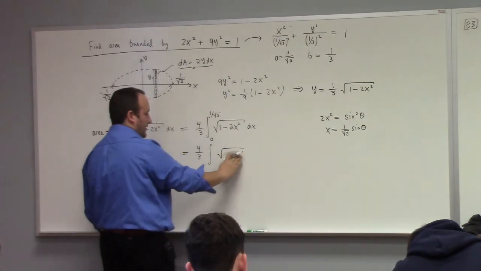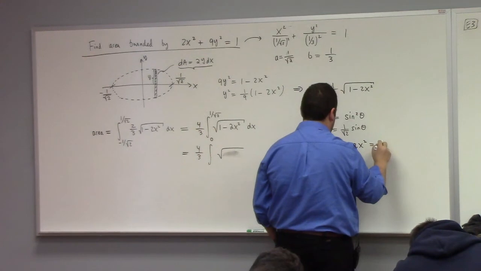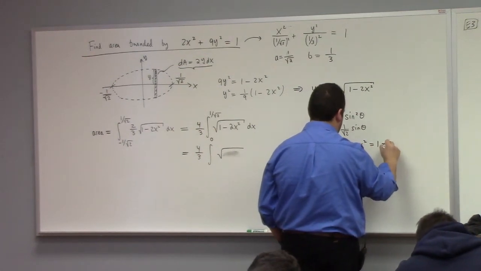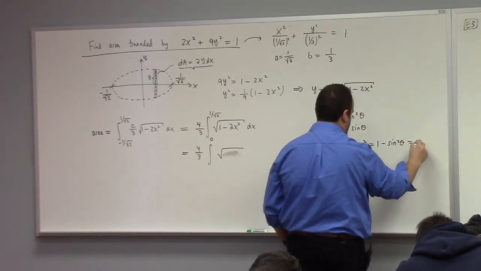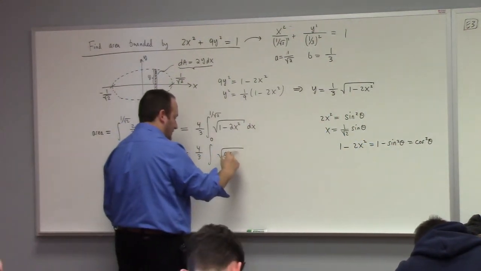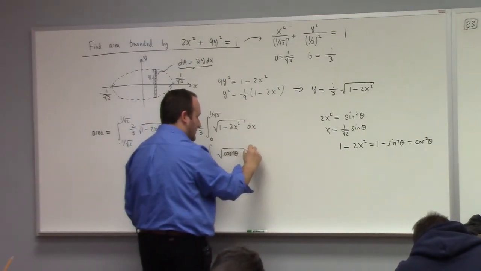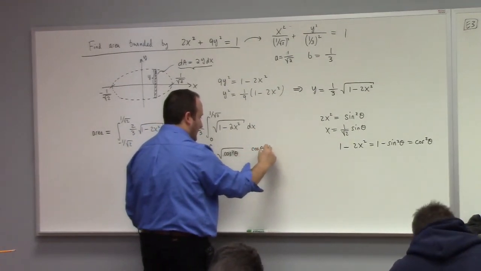Well, let me write it out. So 1 minus 2x squared is then 1 minus sine squared theta, which is cosine squared theta. So this becomes the square root of cosine squared theta. What's my dx? It's cosine theta d theta over root 2.